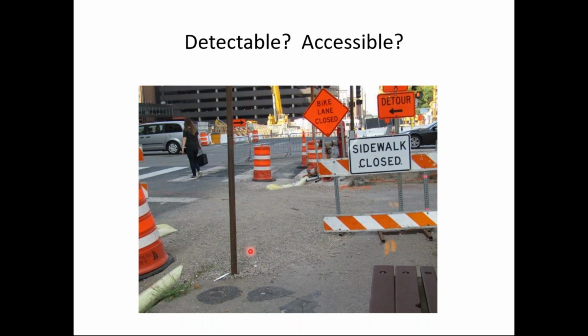They put in some stone here, but that stone has now created a soft surface that is not accessible by wheelchair travel. So someone in a wheelchair cannot move from this area, which looks like a transit stop since there's a bench here, to the crosswalk. So I would contend this particular corner or section of sidewalk is neither detectable nor accessible.